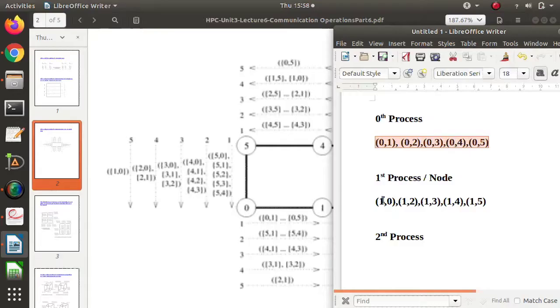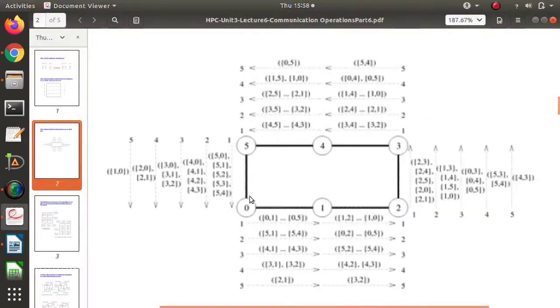Now in the second step, what all the nodes are doing is, whatever messages they got in the previous step, they will forward in the next step. Whatever messages these processes got in the second step, they will forward in the third step.